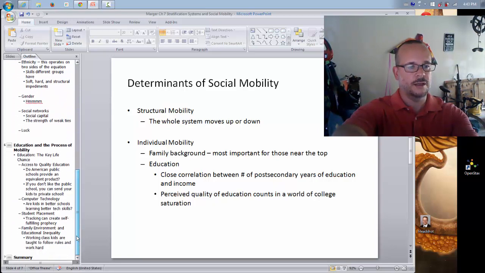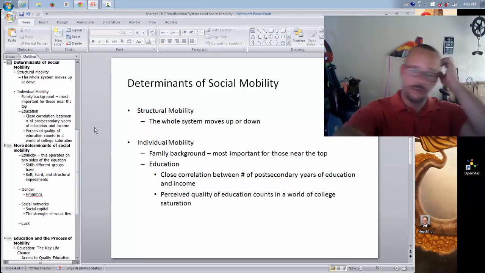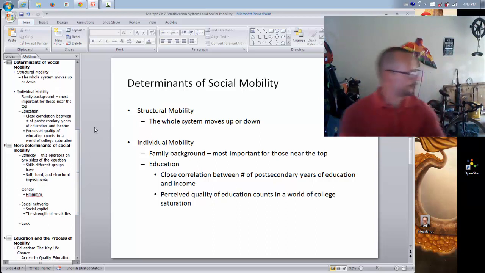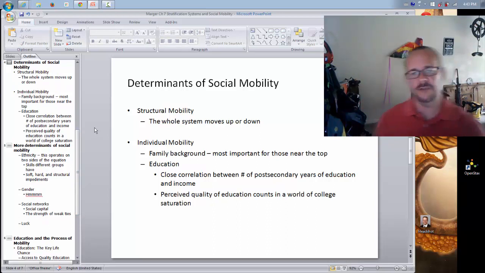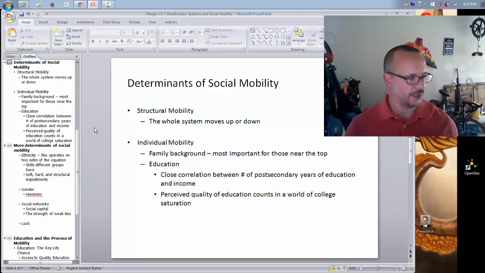Okay, so for determinants of social mobility. Again, I believe I mentioned some of this stuff in an earlier lecture, perhaps it was the intro one, I'm not sure. But when it comes to different kinds of mobility, structural mobility is when the whole system moves up or down for whatever reason. So what's a good example of this?